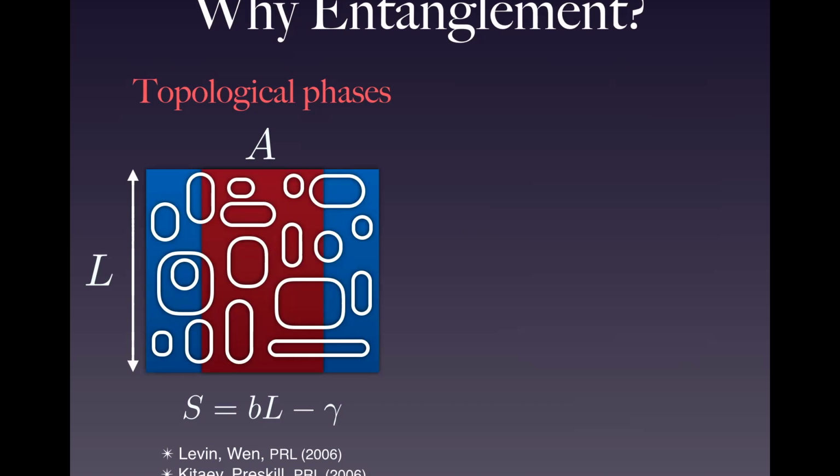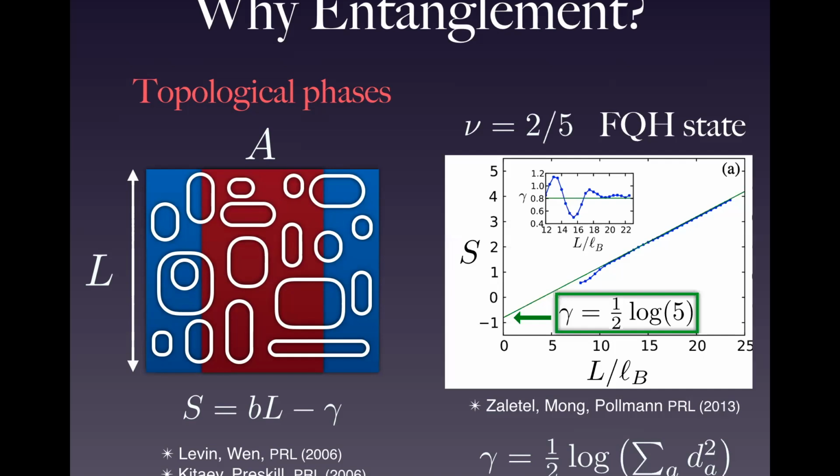But there's a negative constant contribution that can be used to diagnose topological order. So, for instance, in microscopic models of the fractional quantum Hall physics, it can be used to diagnose the topological order in those systems. And you can't diagnose it by other means, by looking at local order parameters, for instance.